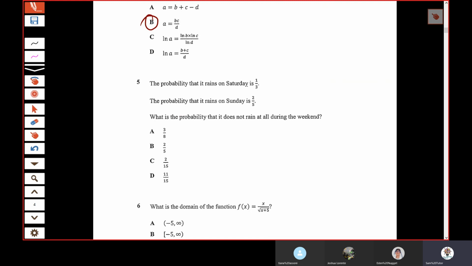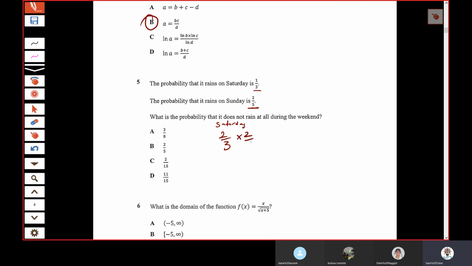The probability that it rains on Saturday is 1/3. The probability that it rains on Sunday is 2/5. What is the probability that it does not rain during the weekend? Well, the probability of it not raining on the weekend must be 2/3 on Saturday. It can't rain on Saturday, and it can't rain on Sunday.